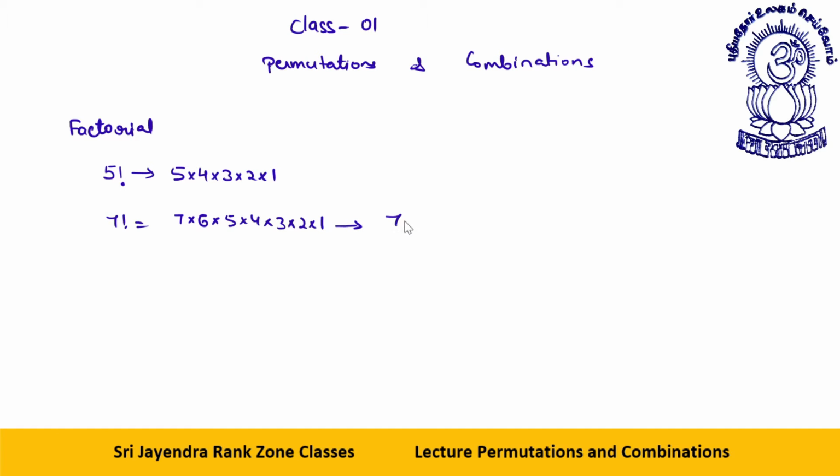Or this can further be written like 7 into 6 into 5 factorial, where I am replacing this by 5 factorial. This is the meaning of the word factorial, and the conceptual usage I will tell you in a short while.